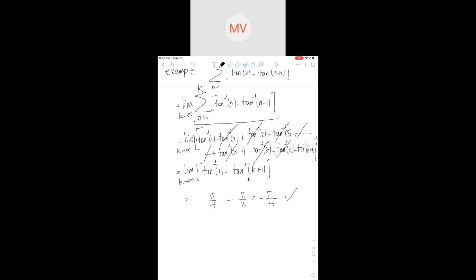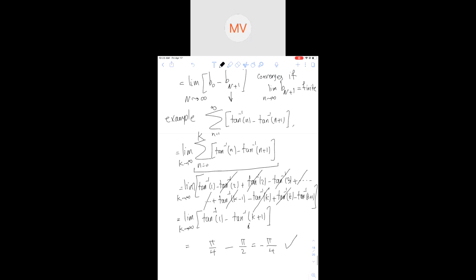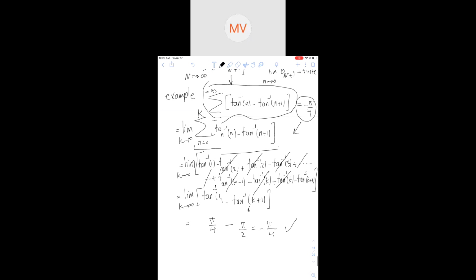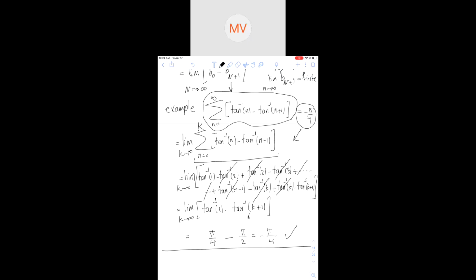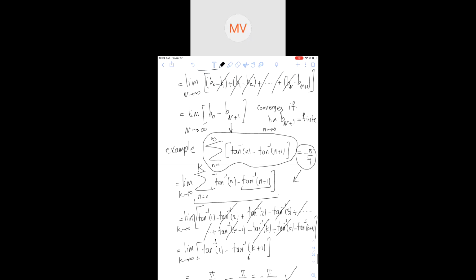That means the ultimate sum of this series is negative pi fourth. If the limit of b_(n+1) goes to infinity, then it diverges. Basically, the final decision depends on the limit of this term.